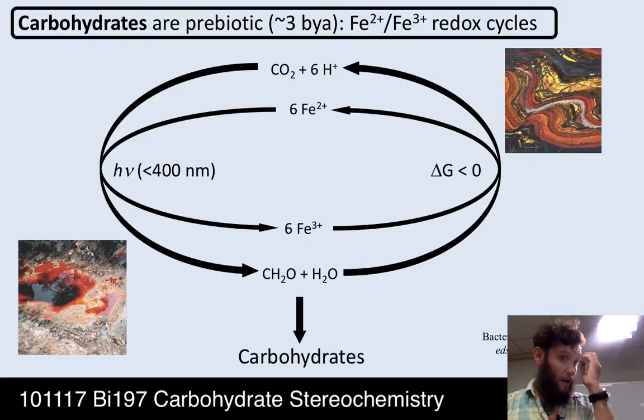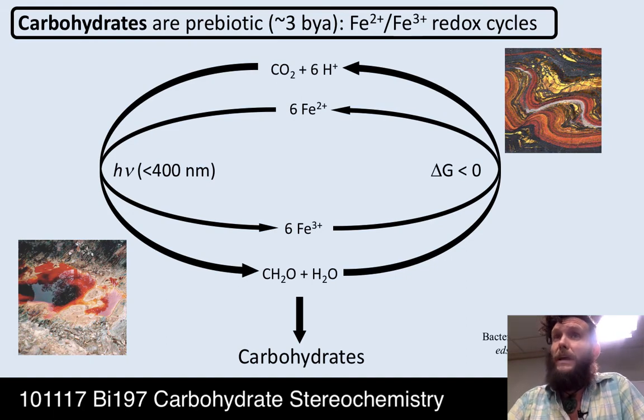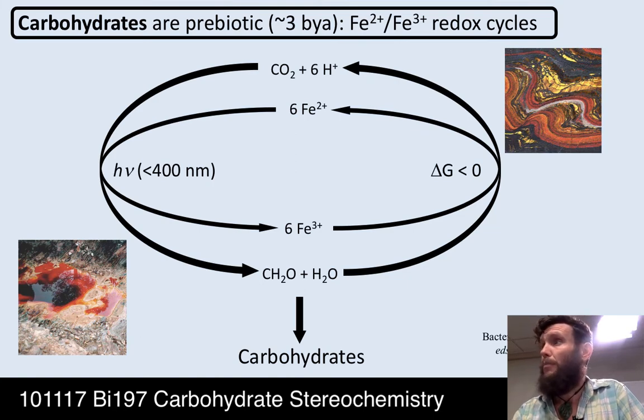All right. Carbohydrates are probably, beyond being the most abundant biomolecule on Earth, also the most evolutionarily ancient. They were probably the first biomolecule on the planet, certainly predating protein.